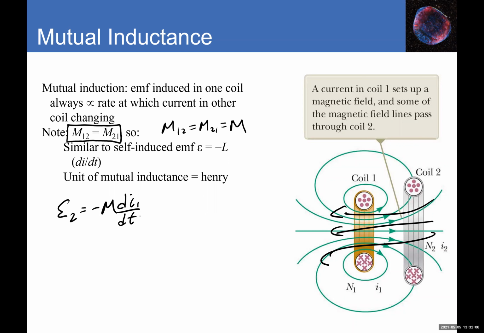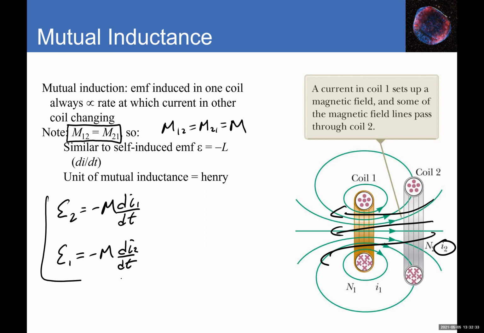That means this is basically the equation for the induced EMF in coil 2. Similarly, I can say the induced EMF in coil 1 will be equal to negative M times di2/dt, because I2 is a time varying current in coil 2, which in turn will induce EMF in coil 1. Okay, so that's what we end up having.